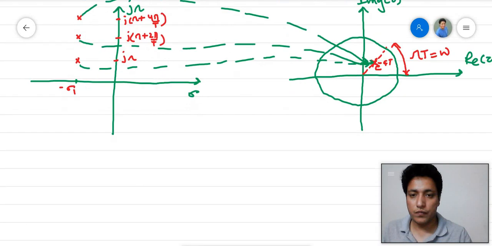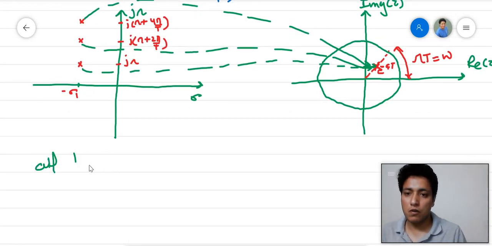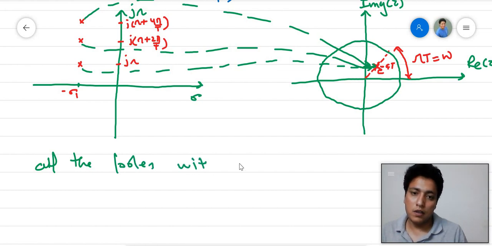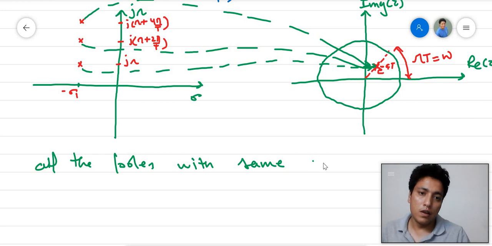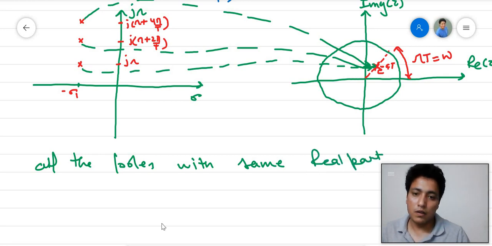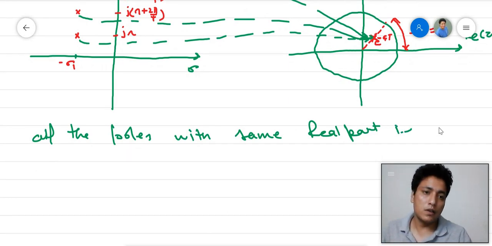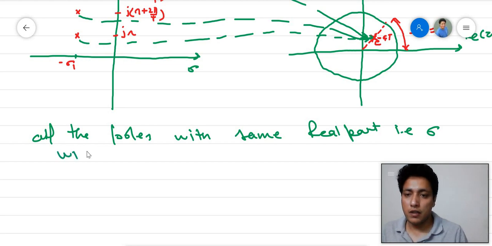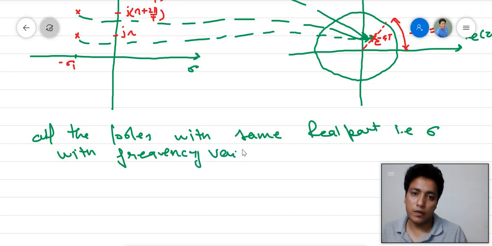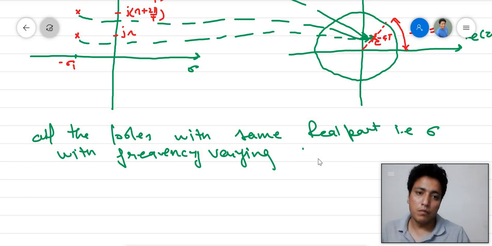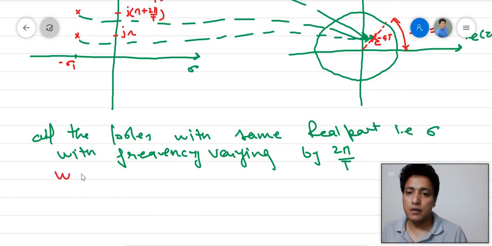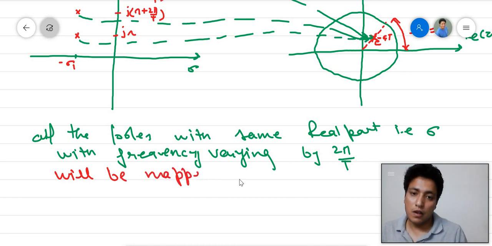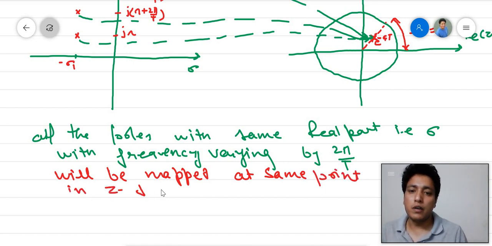All the poles with the same real part, that is sigma, with frequency varying by 2 pi by t will be mapped at the same point in the Z domain.